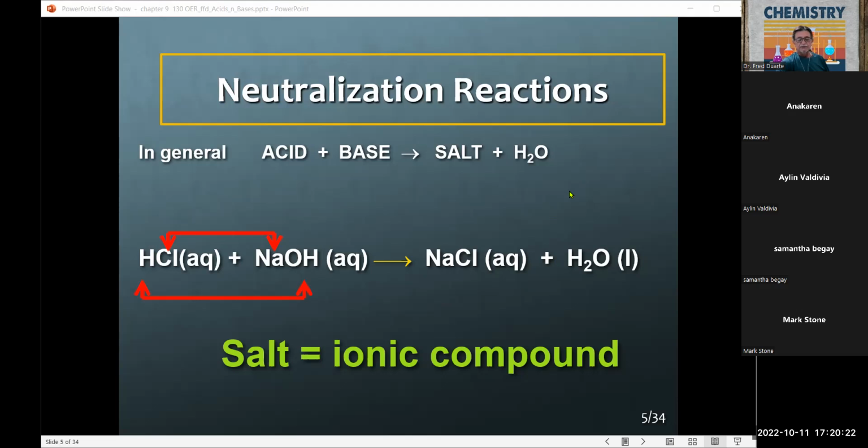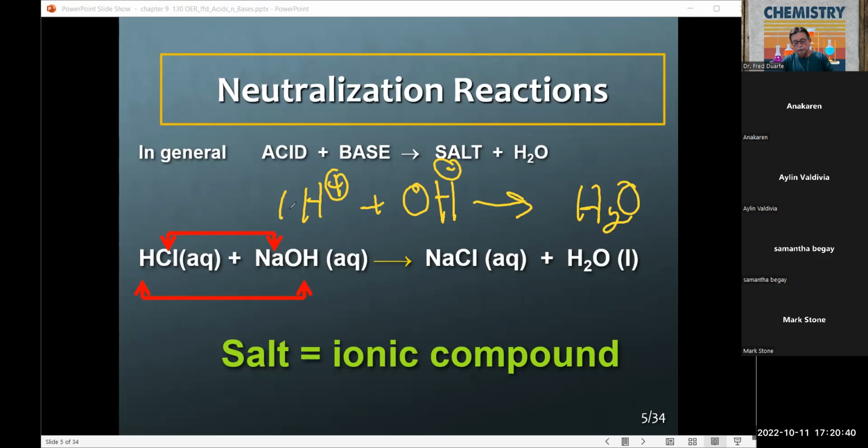All right, so this is your first example of a type of chemical reaction. Point number 1 is this. I had a proton reacting with the hydroxide to give me water. 1 proton requires 1 hydroxide to give me 1 molecule of water.